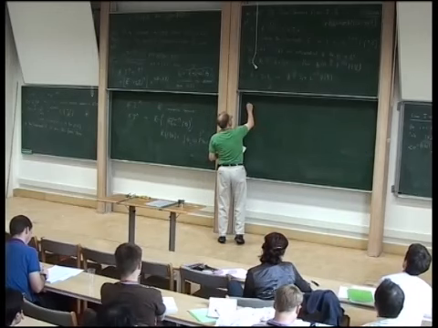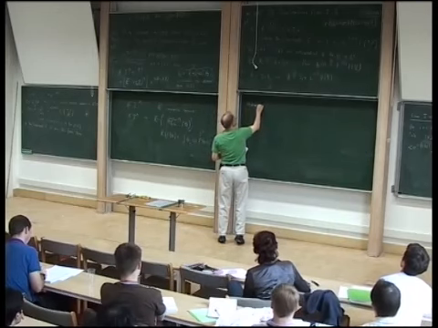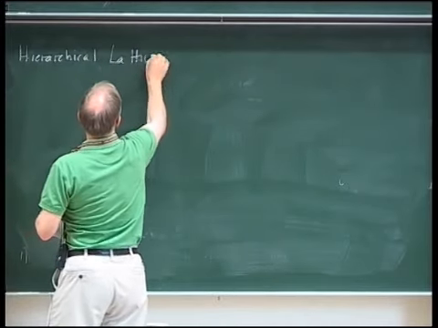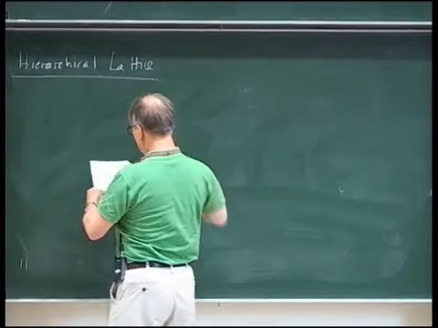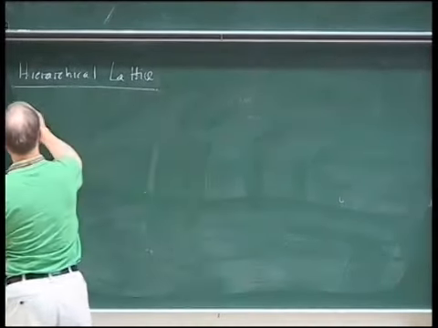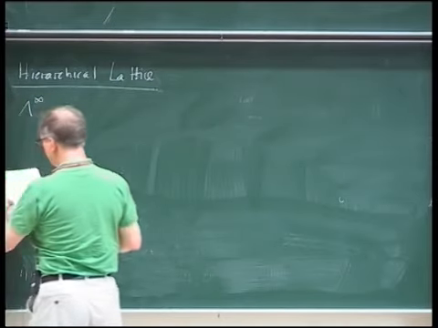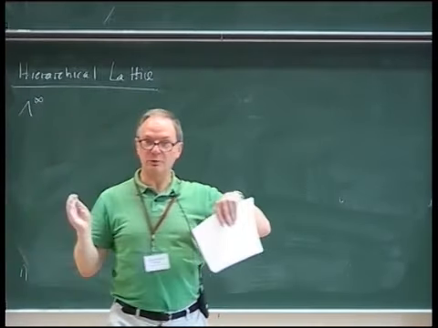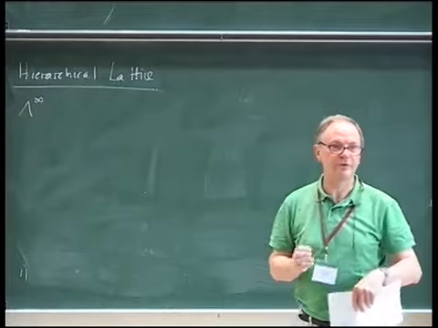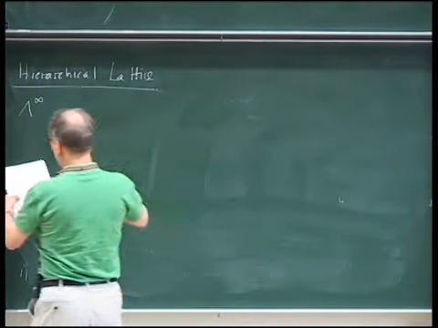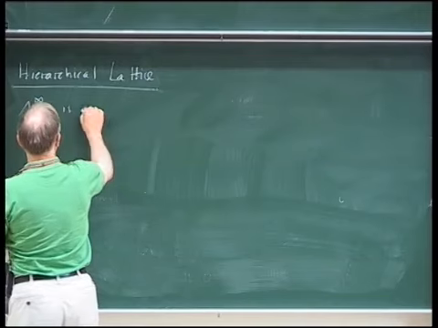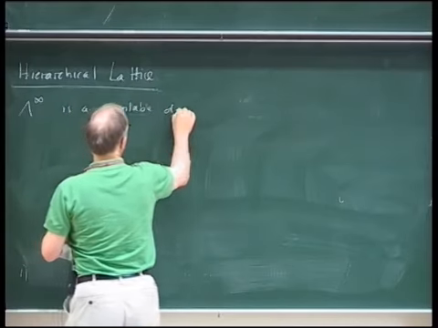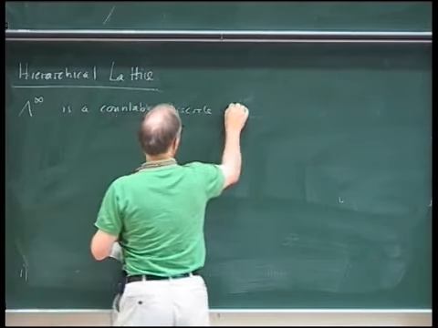So here's what the hierarchical lattice is. I'm going to call it lambda infinity because it's an infinite lattice, whereas lambda I've been using for a finite subset. And I'll keep the word lambda for a finite subset of this infinite lattice. It's a countable discrete abelian group.